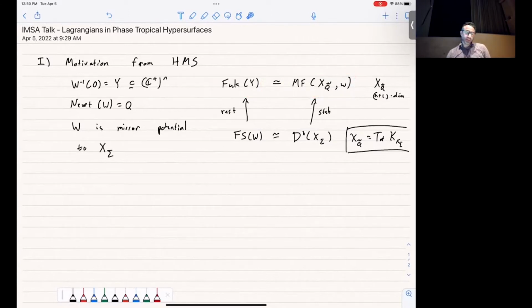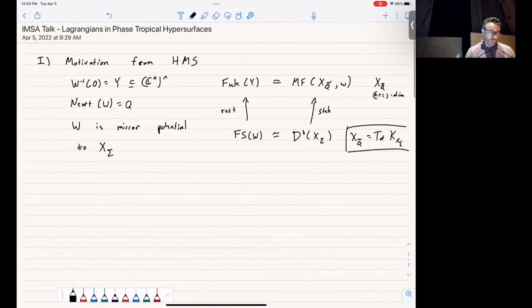And in particular, I'd like to see some certain Lagrangians that would come from this mirror correspondence. But in order to do that, I need to give myself some nice structure for Y. And that's in large part the motivation for phase tropical hypersurfaces.